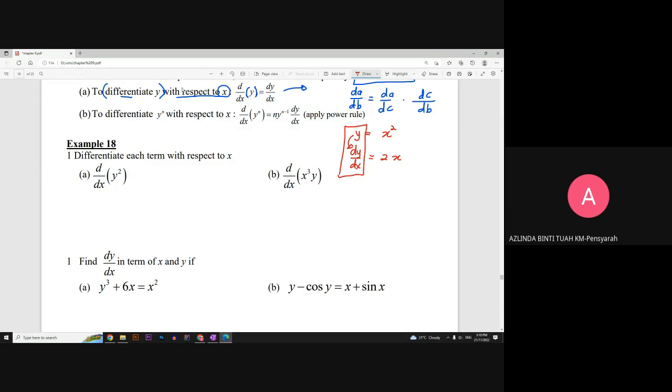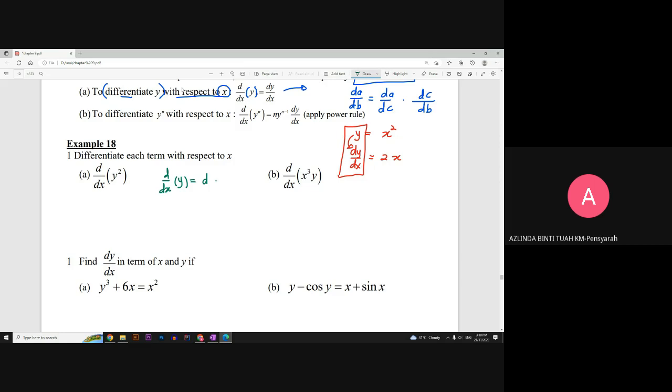So, apakah chain rule yang berlaku daripada y pergi ke dy per dx adalah initially the question asks us to differentiate y. Okay, since dia suruh differentiate with respect to x and the variable is y, we cannot differentiate it. So what happened? We're going to apply the chain rule. We still have to differentiate y.